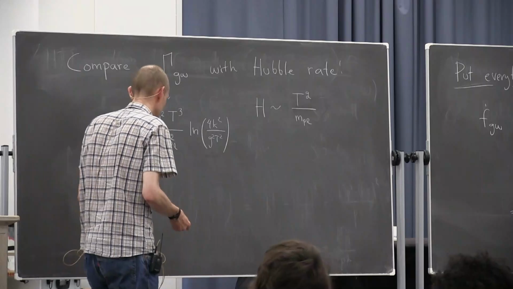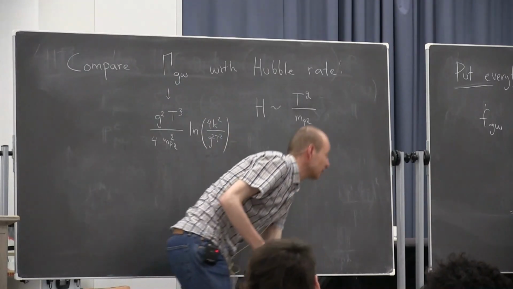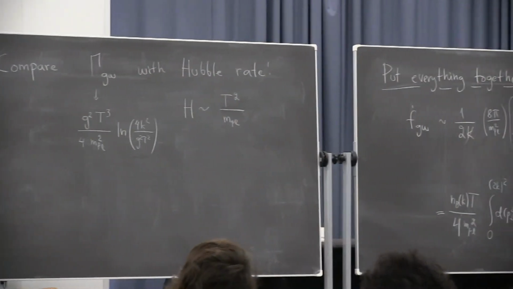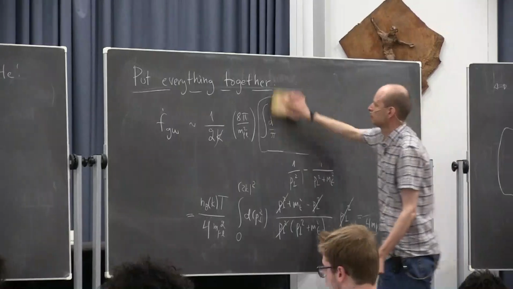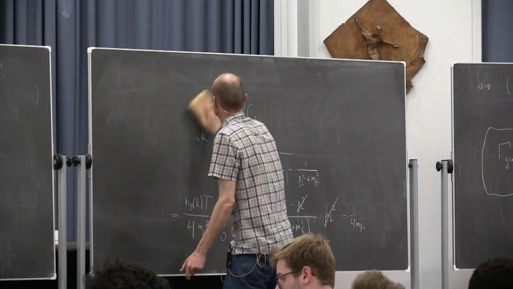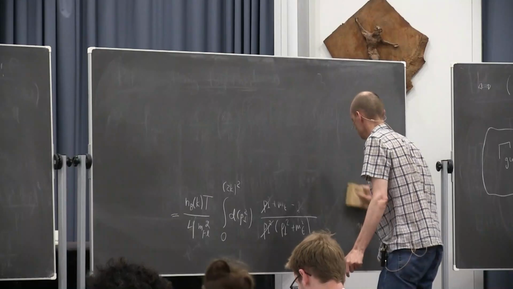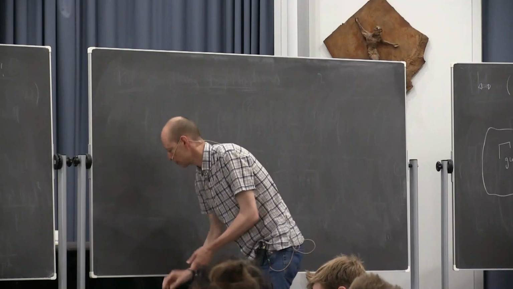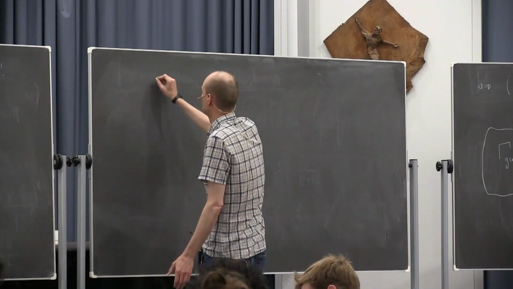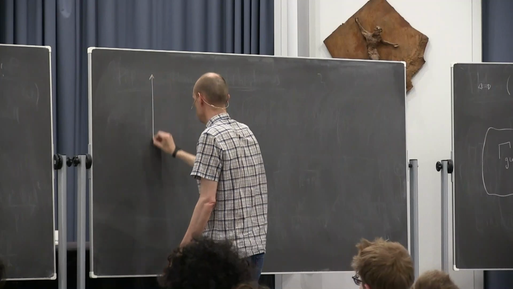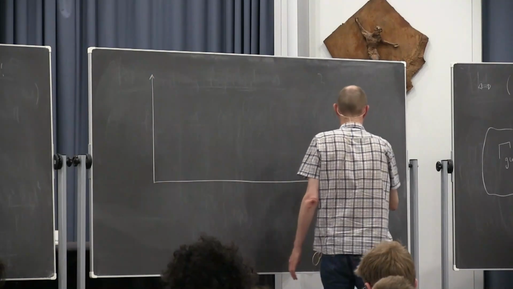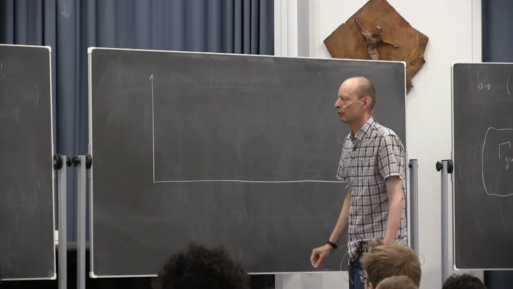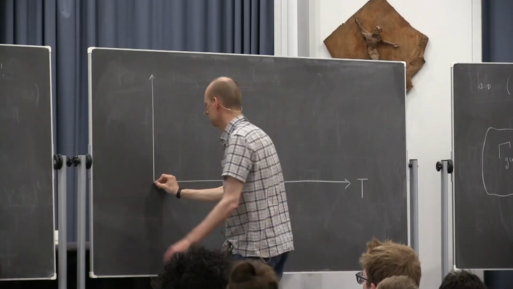So what I will do now is plot these results, as a function of T. The Hubble rate is a parabola.